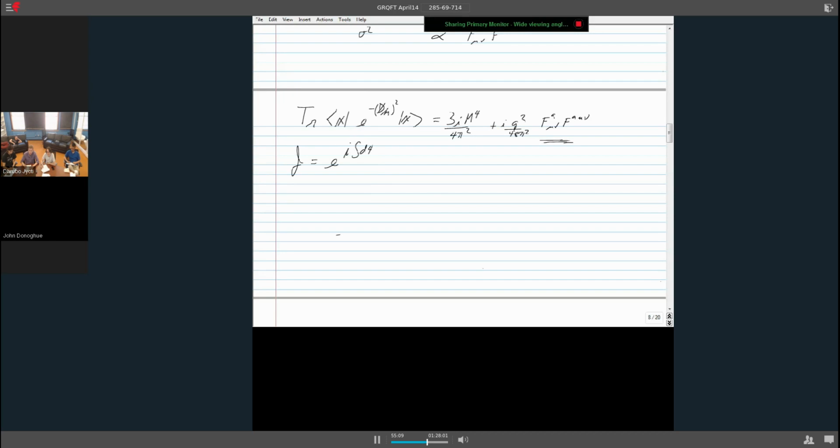Because tau was 1 over m squared, I have 1 over tau to the d over 2, so it's m to the 4th upstairs. The trace of sigma was 0. It's the sigma mu nu, and then trace of these guys, that guy is non-zero, and the trace of that one is 0. Okay, so I get that guy, and then plus i g squared over 48 pi squared f a mu nu, f a mu nu.